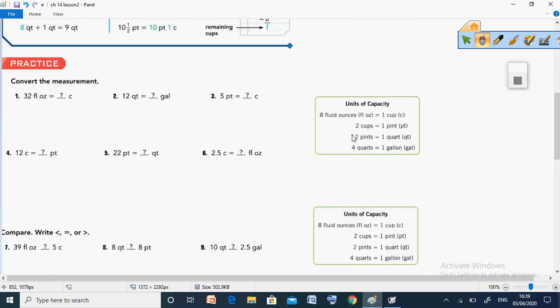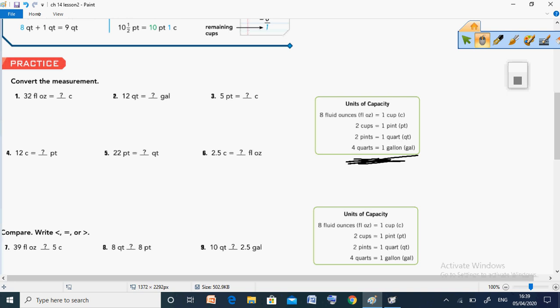Now look at these problems. Question number 1. If I want to convert from oz to cup, I have to keep this box in mind again. It's very important.